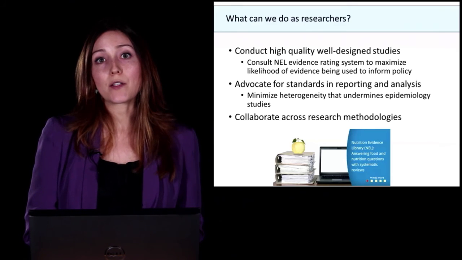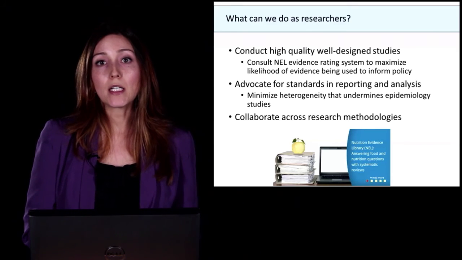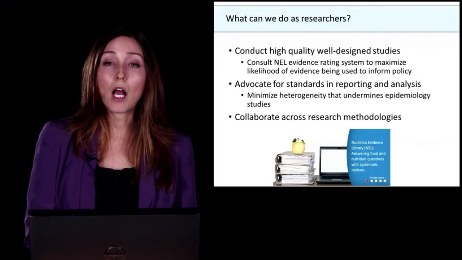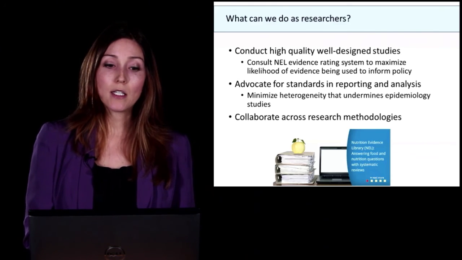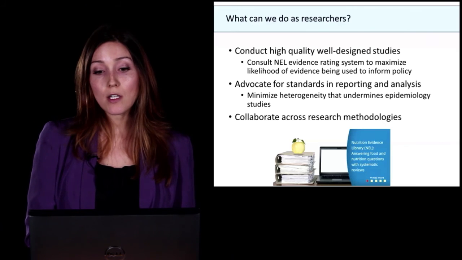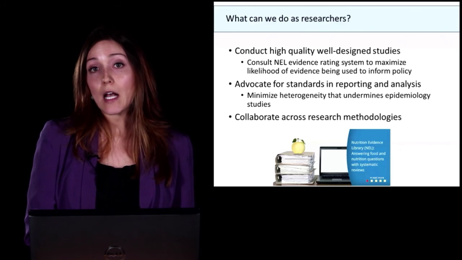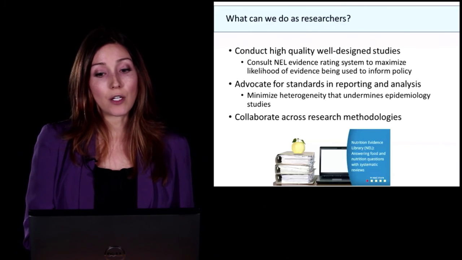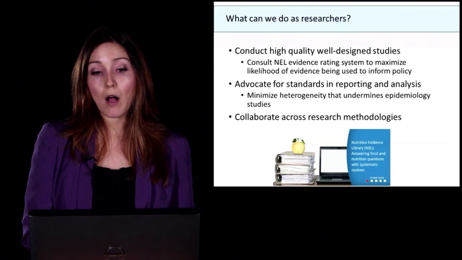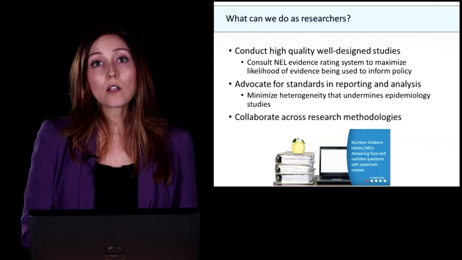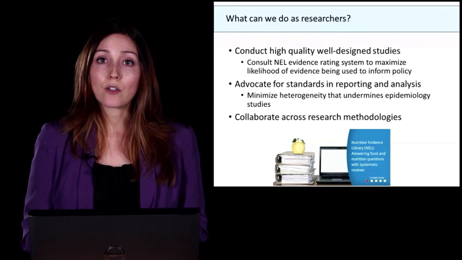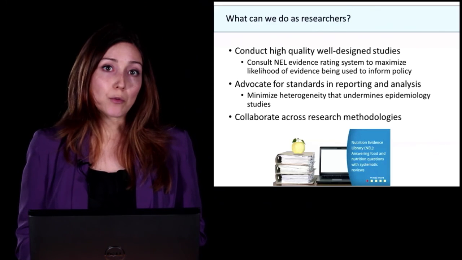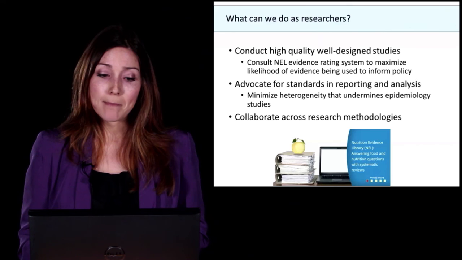So what can we do as researchers to help advance omega-3 work into policy? The first is to conduct high-quality, well-designed studies. Consulting the Nutrition Evidence Library rating system is helpful to ensure that you can maximize the likelihood of the evidence that you generate being used to inform policy. It's also important to advocate for standards in reporting and analysis as researchers, as journal reviewers, as journal editors.